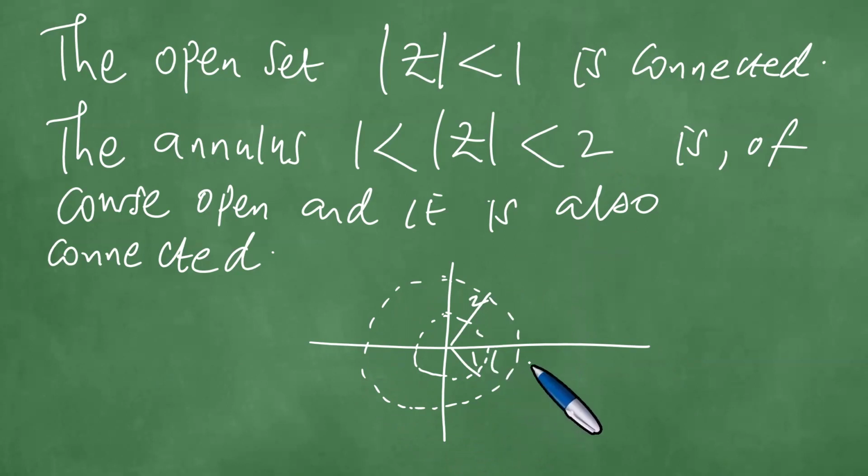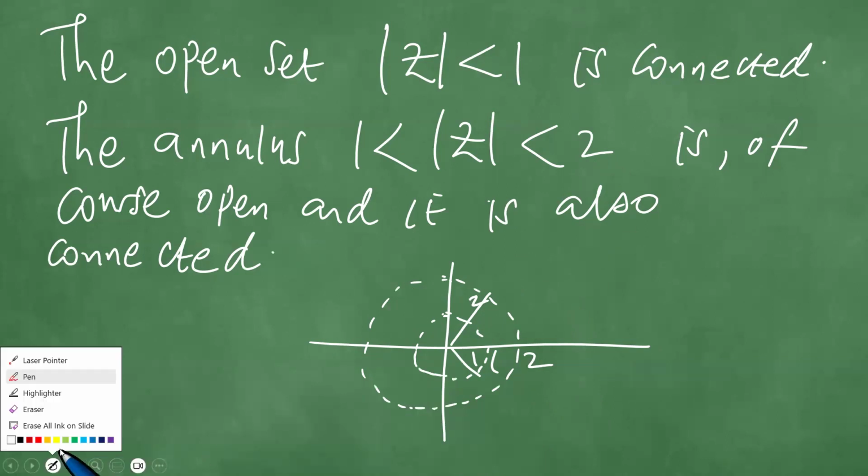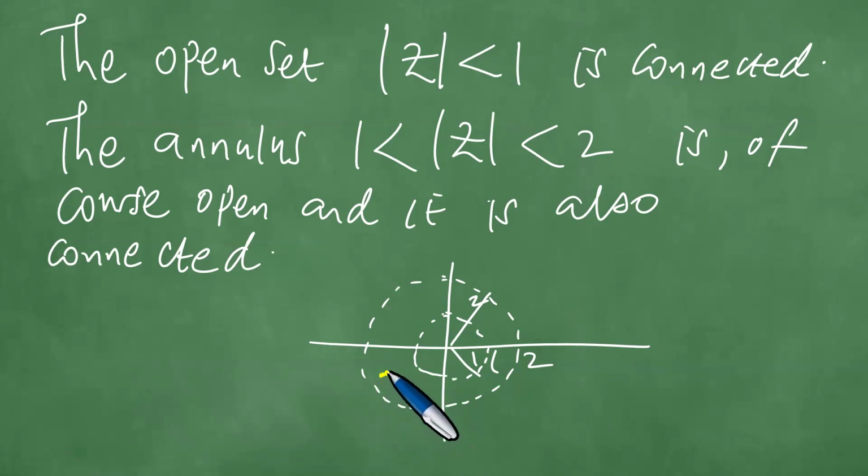Then we can take some points, like Z1 here and another point Z2, and you can join them like that.